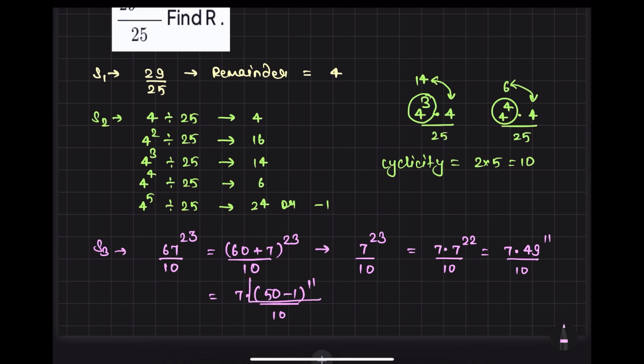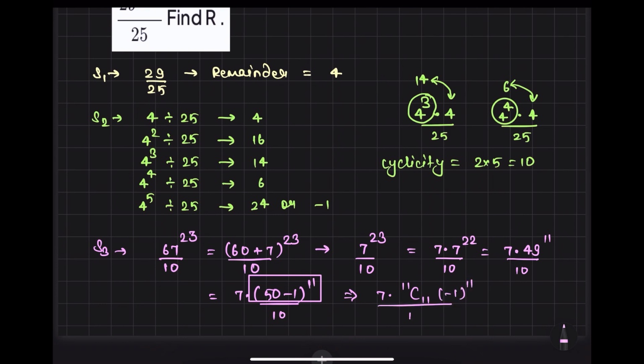Now focus on this part. If we expand this, the element in which 50 is present will be divisible by 10, and the only term in which 50 will be absent is the last element, that is 7 times 11 C 11 times 50 power 0 times 1 into minus 1 power 11.